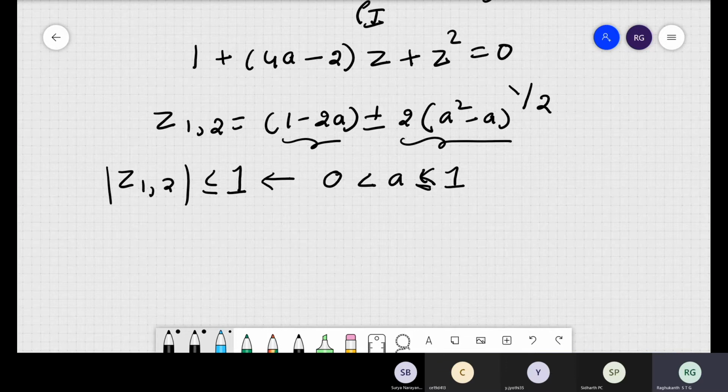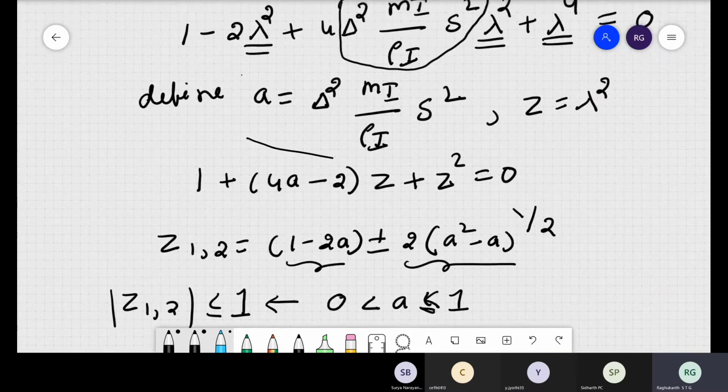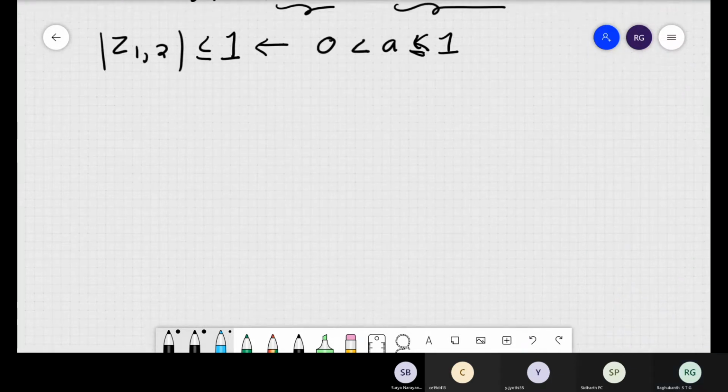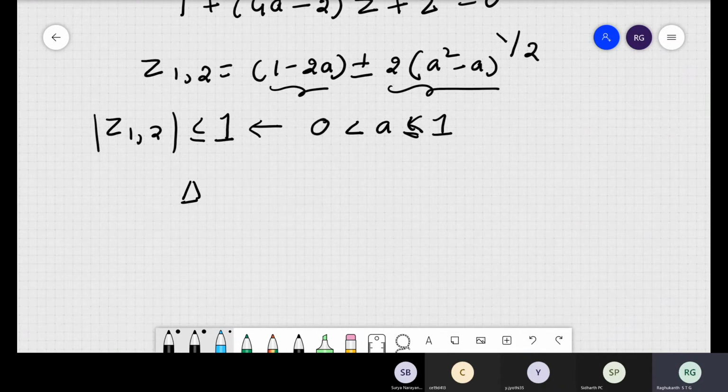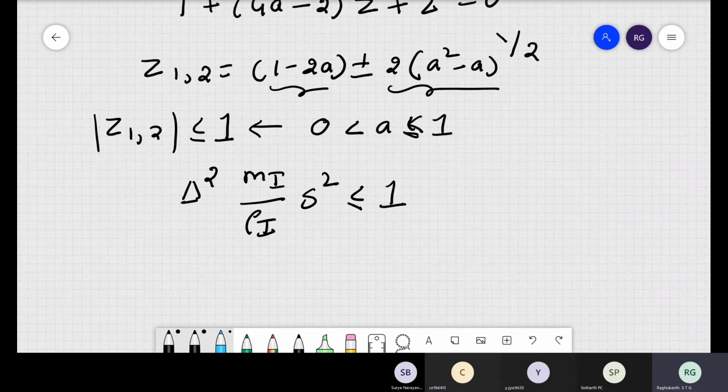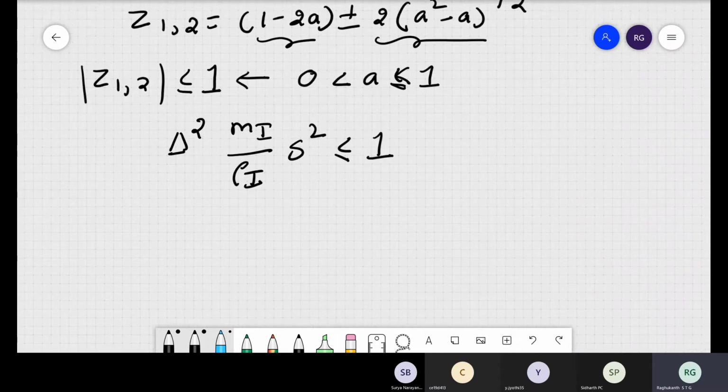Now what is a? a is the constant here. So delta squared times mu by rho I multiplied by S squared should be less than or equal to 1 to get a stable system. What is delta?